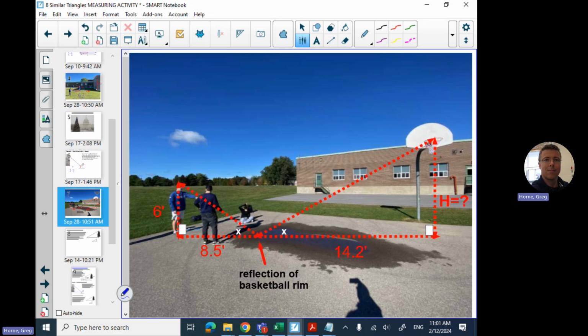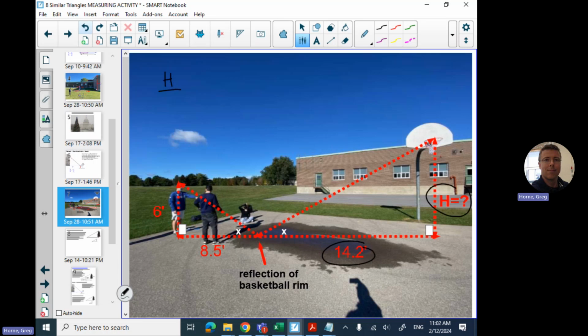Here's a number example from my class, and I did the work here. We have this unknown basketball rim height. So unknown basketball height over what? Well, we could do it over the other height, or we could do it over the bottom triangle here.